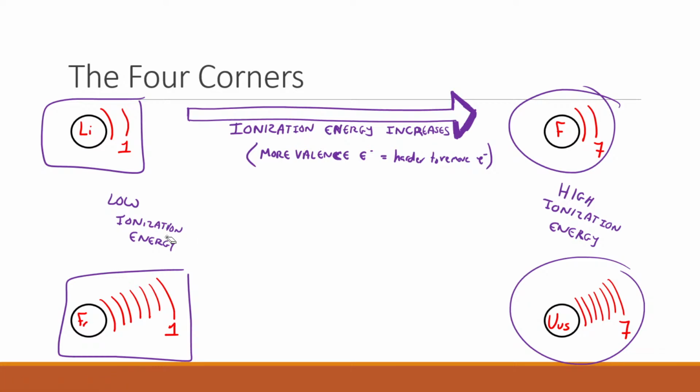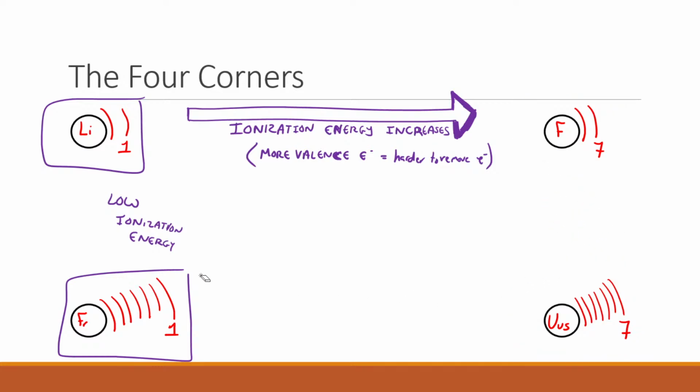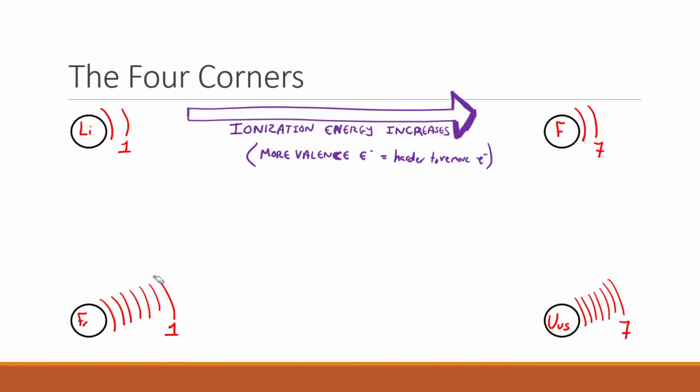But that's not the only thing that we see here. On top of looking across the row from left to right, we can also look at the column vertically.